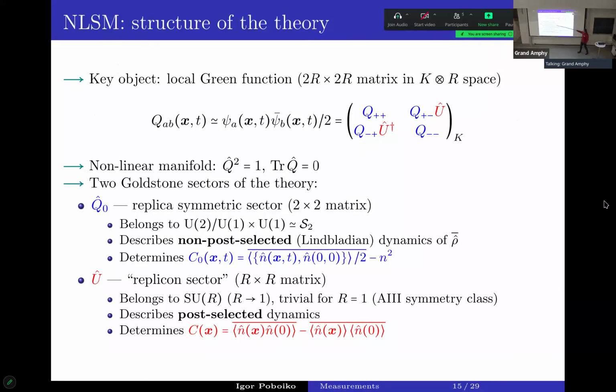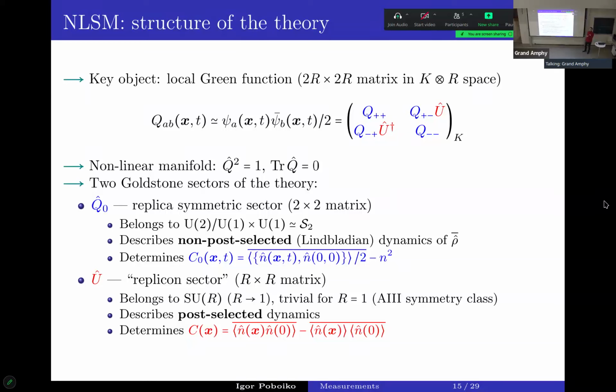It describes the replica symmetric sector, which describes these hydrodynamic modes that Adam was talking about. So first of all, this is a replica symmetric sector, which means that it describes the behavior of the average density matrix. It describes the Lindbladian dynamics, which is known to be trivial in the sense that on average, you do not see any measurement-induced phase transitions.